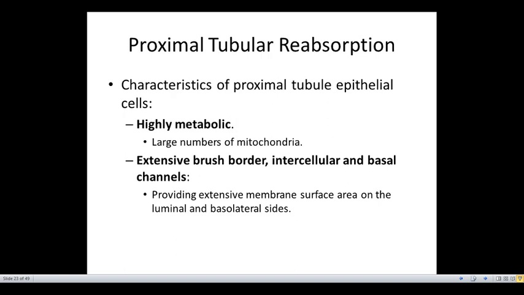Number two, the cells have an extensive brush border, intercellular and basal ion channels, thus providing extensive membrane surface area on the luminal and basolateral sides, that is around all sides of the cells.